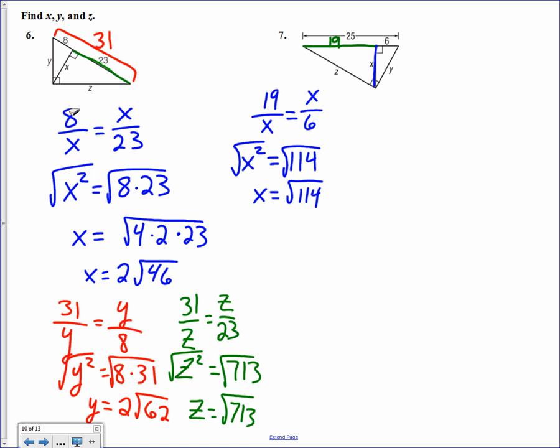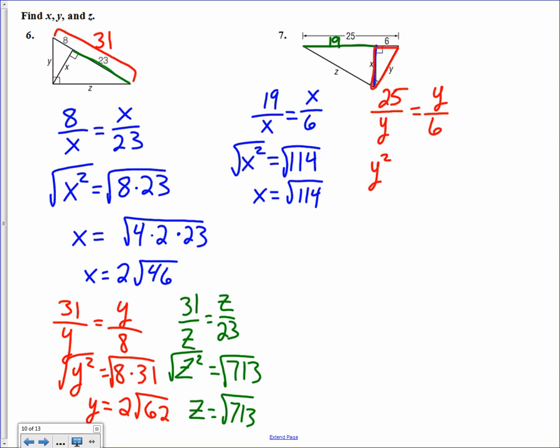We have the hypotenuse of the large triangle, which is 25, over the hypotenuse of the smaller triangle here, which is y. Y is also a leg of the large triangle. Corresponding side is 6 in that red triangle.